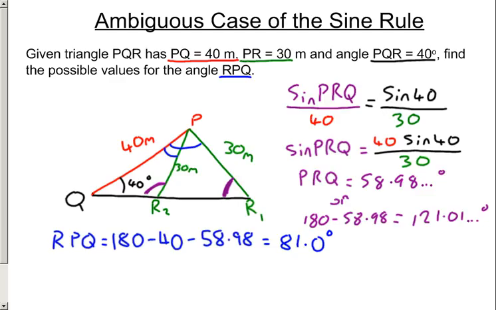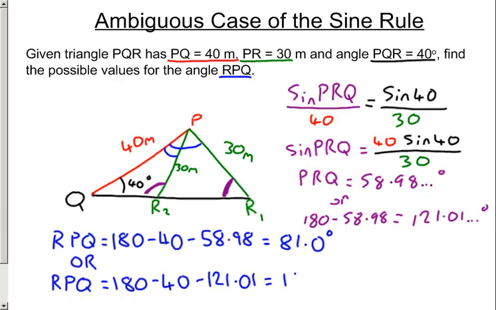But we could also have RPQ, if it was at R2, it's 180 minus 40, because that's still in the triangle, this time minus the purple angle at R2, which is 121.01. And that would give us 19.0 degrees.